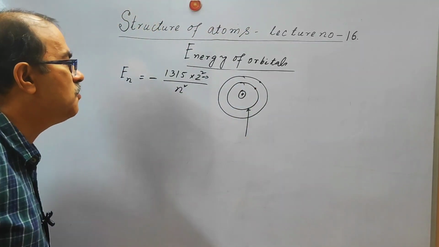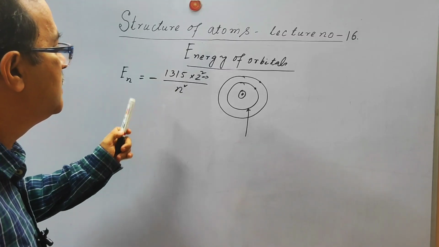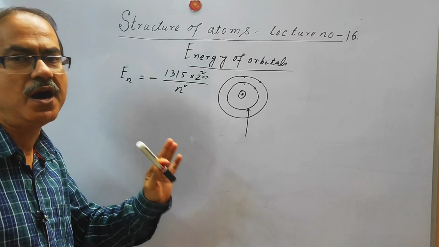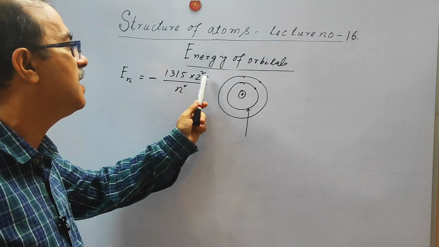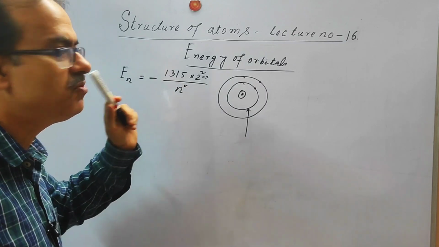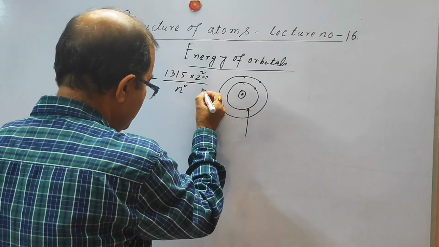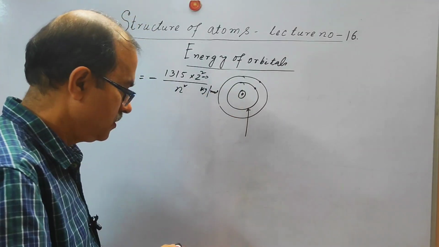So this is the formula. From this formula we will be able to understand how the energy of the orbital depends on the principal quantum number and the atomic number. This is the atomic number, this is the principal quantum number, and the unit is kilojoule per mole.